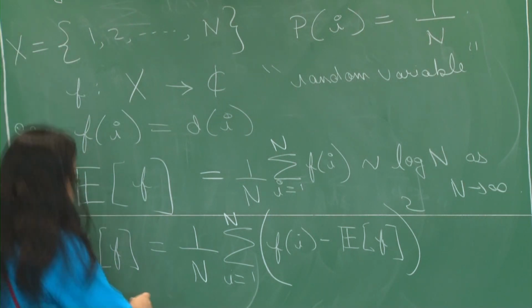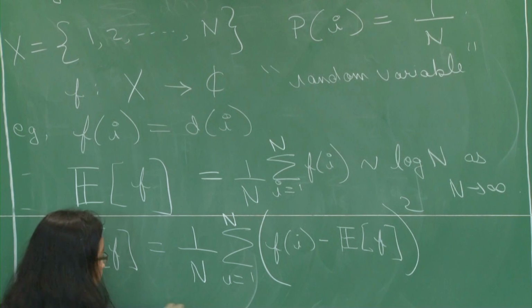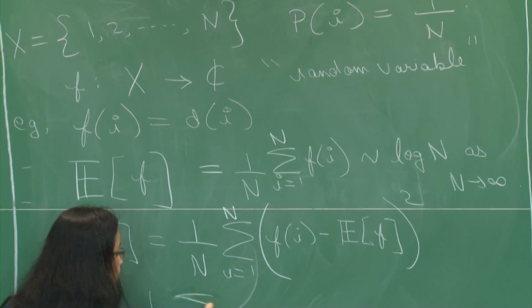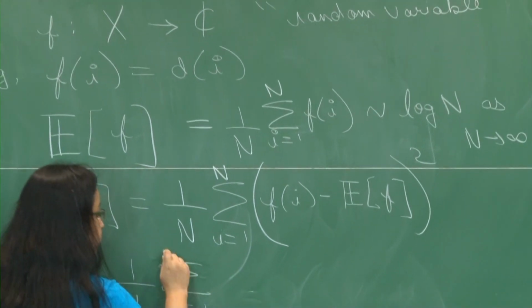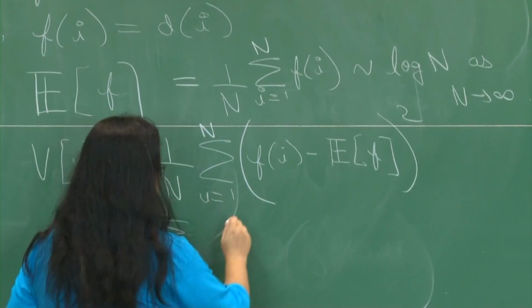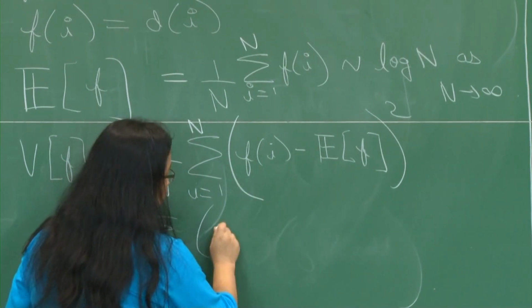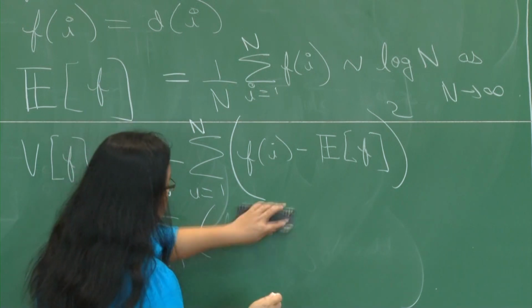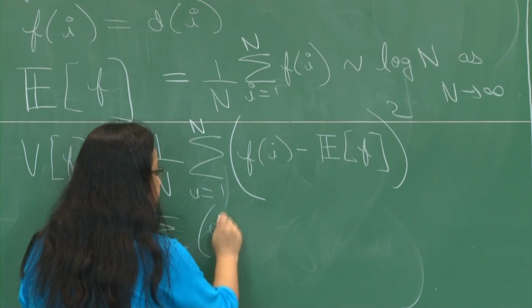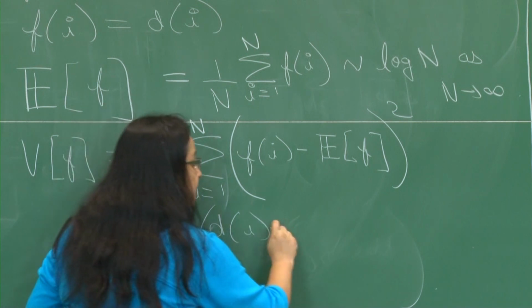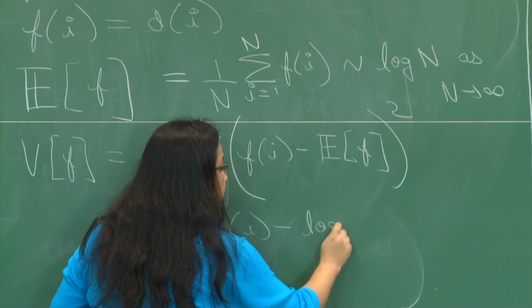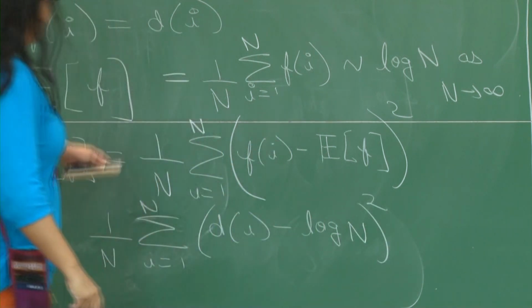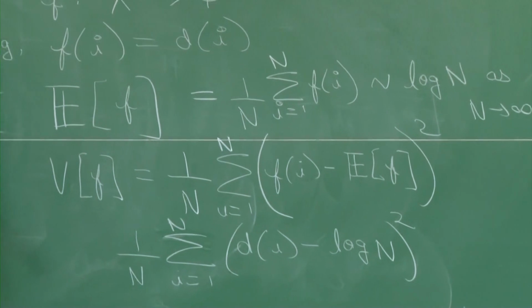So, a related question is, as N goes to infinity, for large values of N, what is the difference between f of i minus, in particular your f is just the divisor function, so d of i minus log N, whole square. These two questions are related to each other.